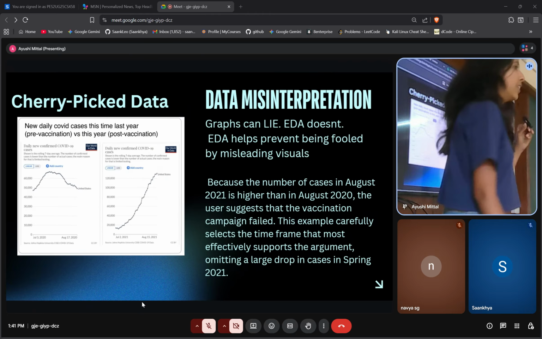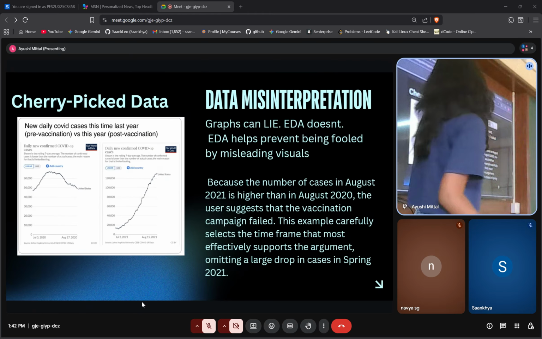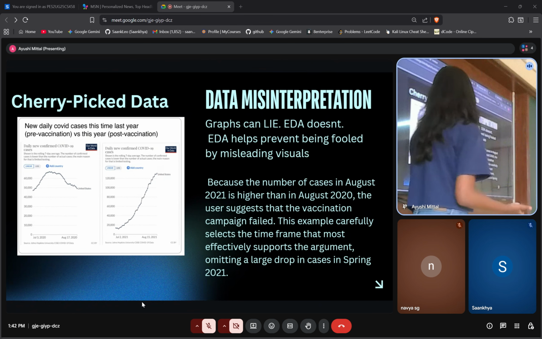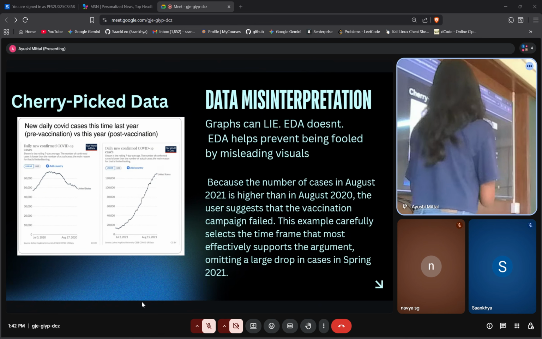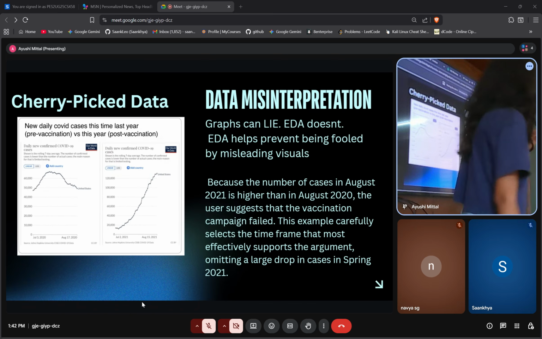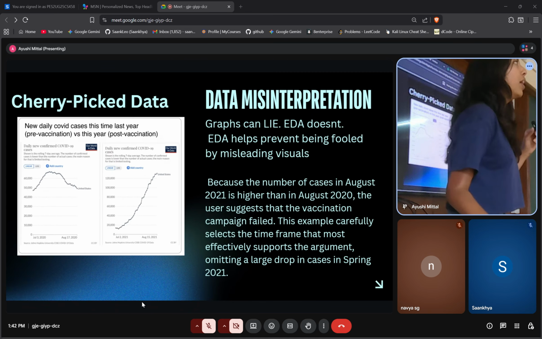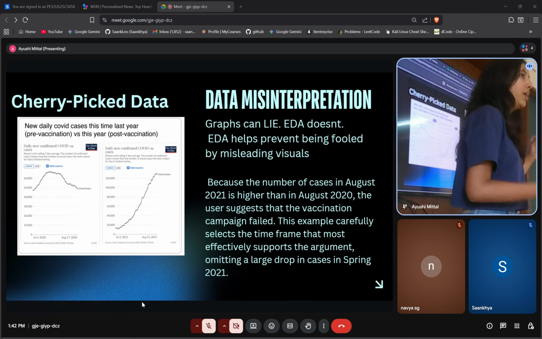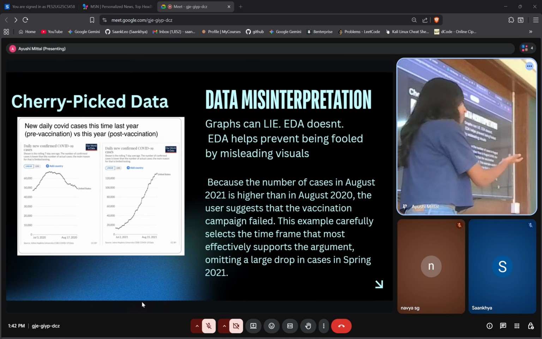Another example of this is cherry-picking the data. This is actually an example from an article where the author talks about the failure of the vaccination campaign in the US. The vaccination campaign started in 2021, and so they compared the data of 2020 and 2021, and there were limited changes.